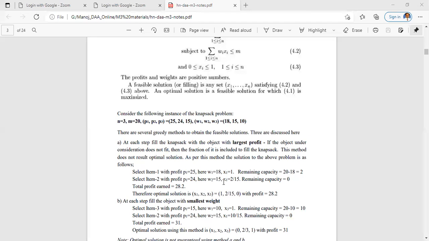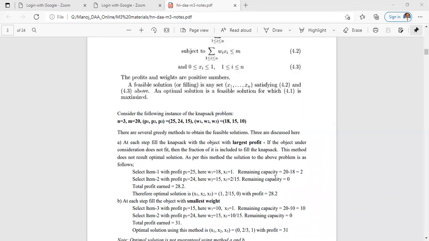Now, how much can you fit? If you can easily fit an item in the capacity, you subtract its weight from the capacity. The remaining capacity is 2, but here the weight is 15.